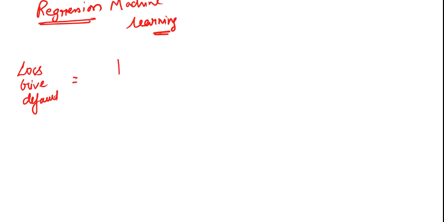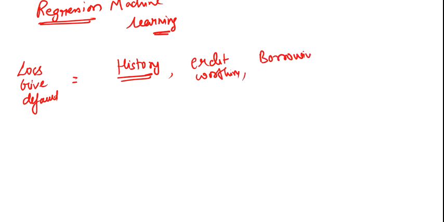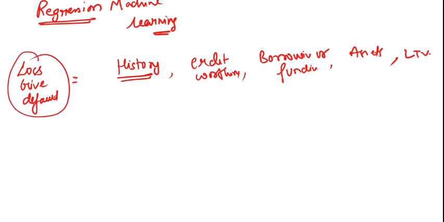It is related to the history of the borrower, the creditworthiness of the borrower, borrowing or funding sources, assets which the borrower has, or loan to value ratio. Clear? So accordingly we can find out the loss given default.